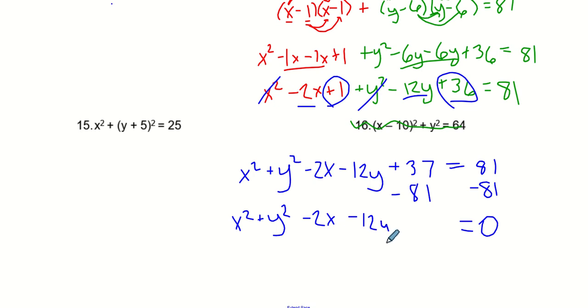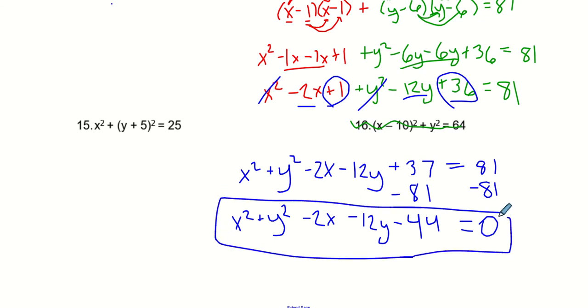And then what is this? 37 minus 81 is negative 44. And that will be your answer. So this is in general form, or what's known as conic form.